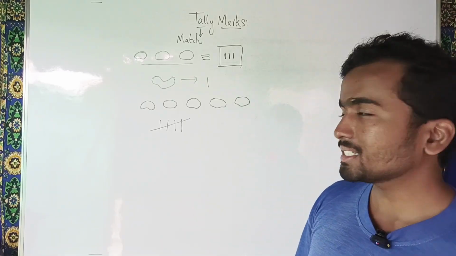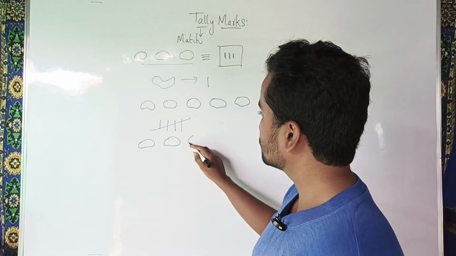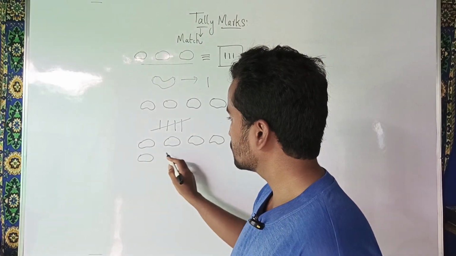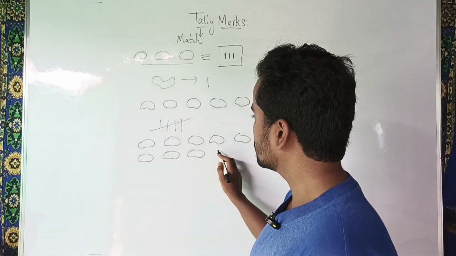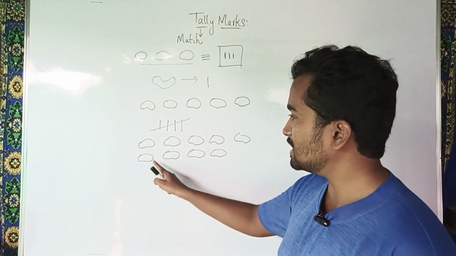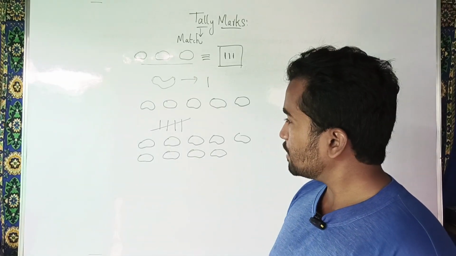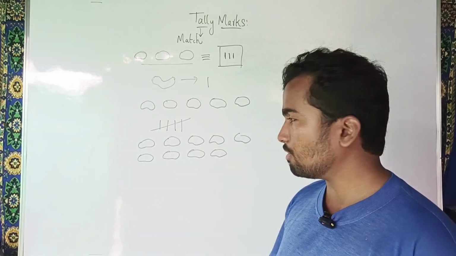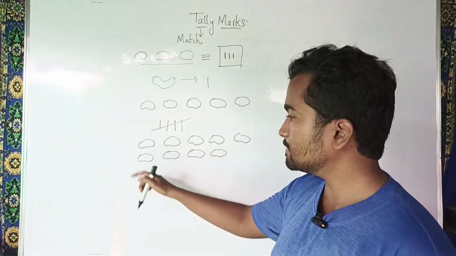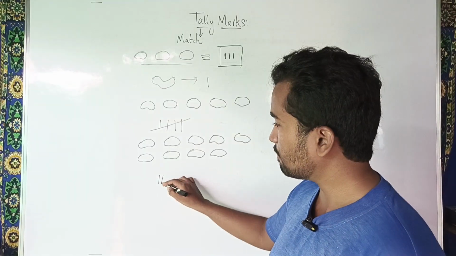Now another example. Now we have this quantity of objects. If I want to keep track of these objects using tally marks, for one object, one line.